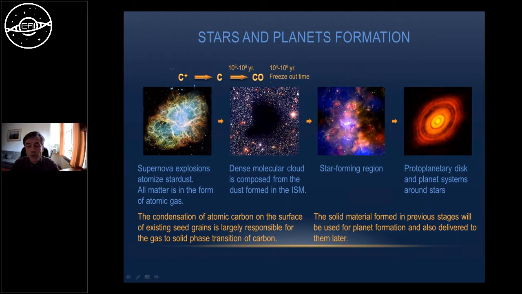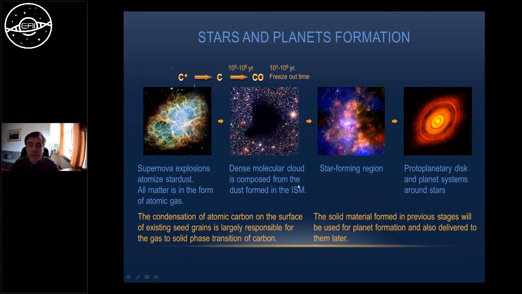So we can conclude from this that quite a large portion of carbonaceous material is formed due to the accretion of carbon atoms, and then the reaction of carbon atoms on the surface basically defines the composition of solid carbon.